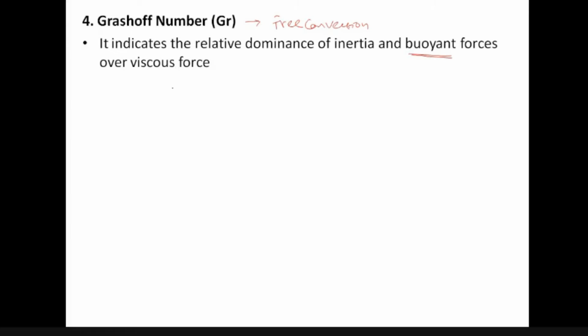So Grashof number is represented by Gr, which is equal to the inertia force into the buoyant forces upon the viscous force. Suppose I am writing down the buoyant force, it is nothing but m into g.